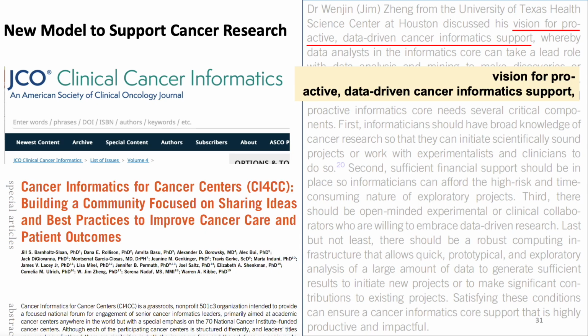So there are several things I really want to mention about the strength of the DSICCR. One is a new model to support cancer research. In 2020, I worked with many other informatics directors of the NCI Designated Cancer Centers to publish this paper. Based on my discussion with other people and the ideas I have, we propose what's called proactive data-driven cancer informatics support.